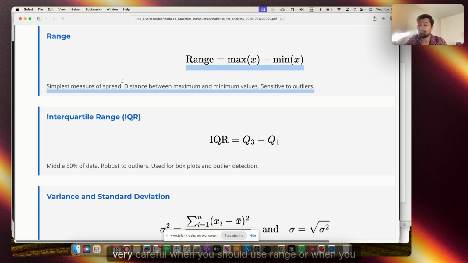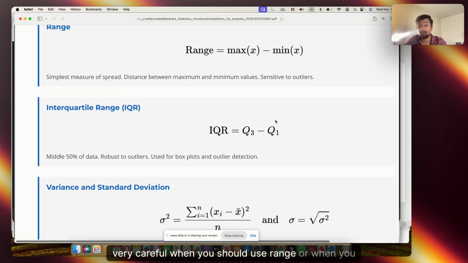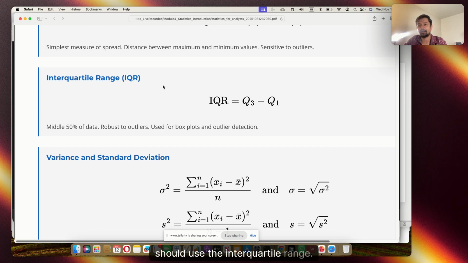So you should be very careful about when to use the range and when to use the interquartile range. The interquartile range is not sensitive to outliers and can easily handle them in your data. It covers the middle 50% of the data, which is robust to outliers, and is used for box plots and outlier detection.